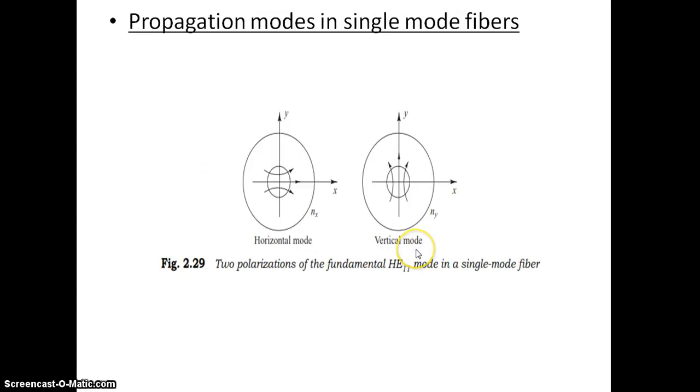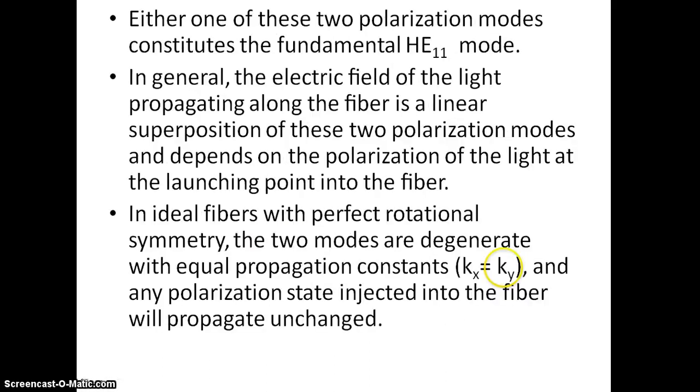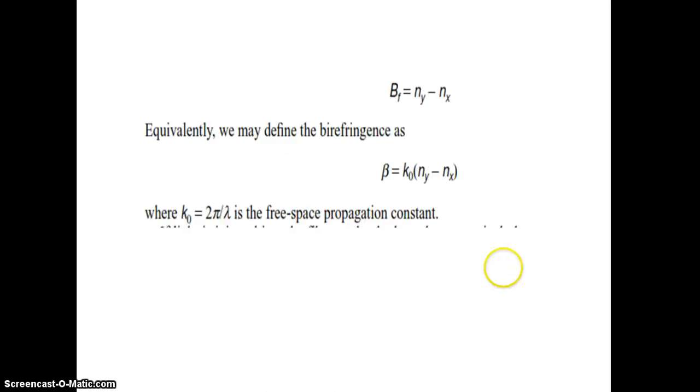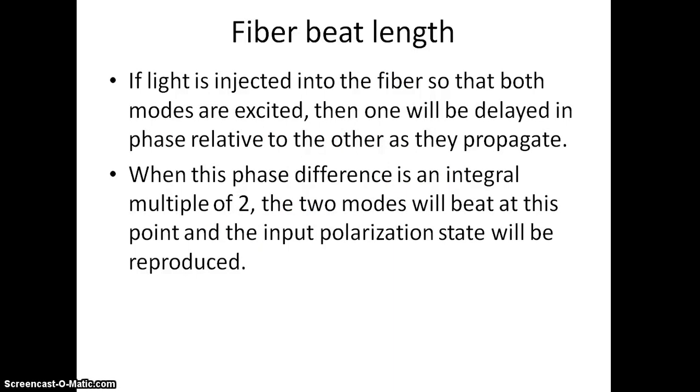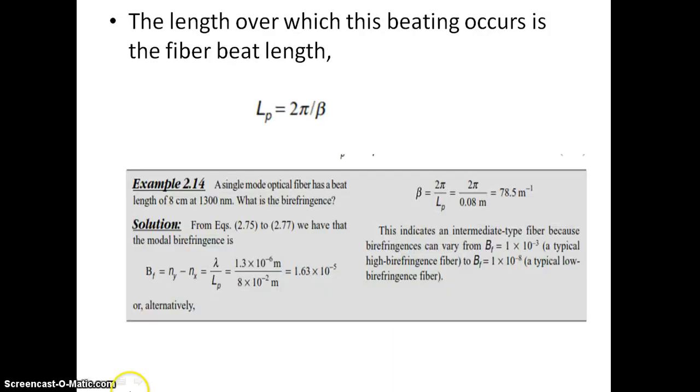Okay, so this is about the single mode fiber, and these are the propagation modes in a single mode fiber: horizontal mode and vertical mode. Two polarizations of the fundamental HE11 mode in a single mode fiber. So this is horizontal and vertical polarization, as shown here. And fiber beat length, the formula is L_B equal to 2 pi by beta. So the length over which this beating occurs.